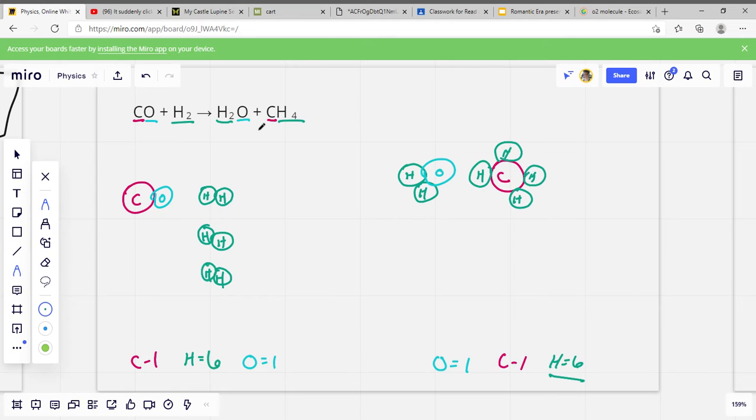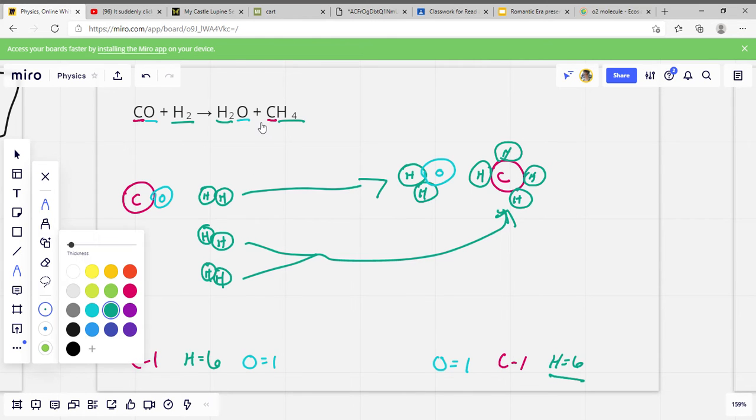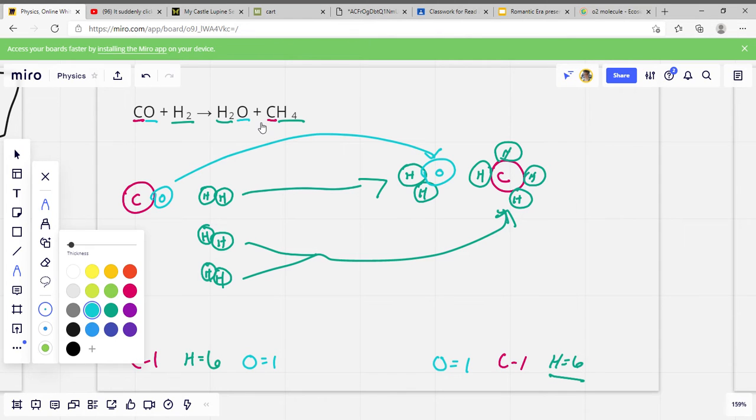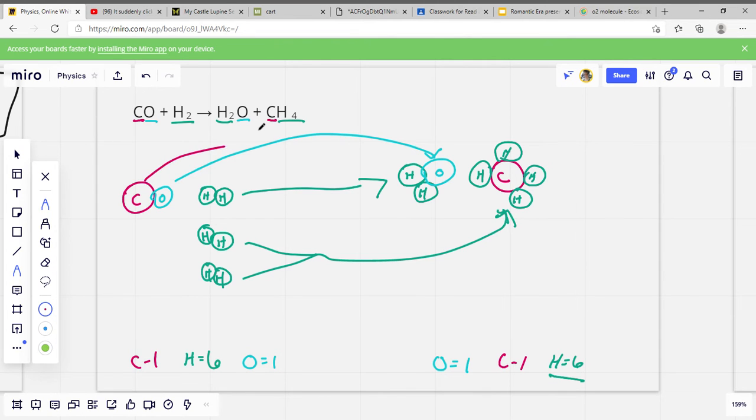Okay, so this just splits apart. These 2 go onto here, and then these go onto there. Okay, here's our oxygen, and there's our carbon.